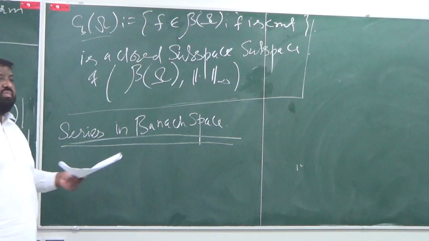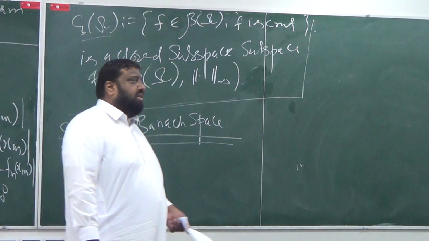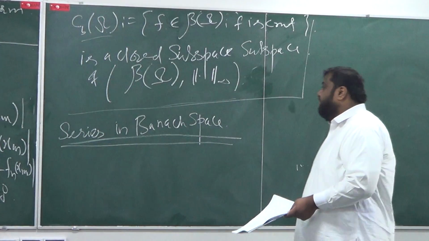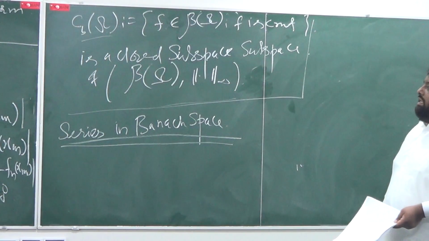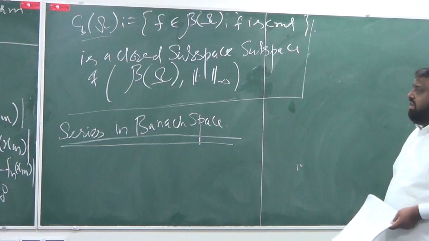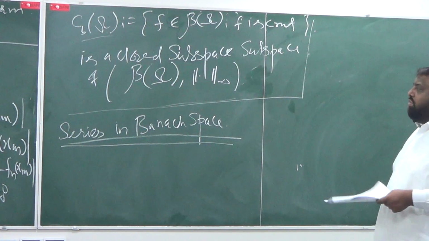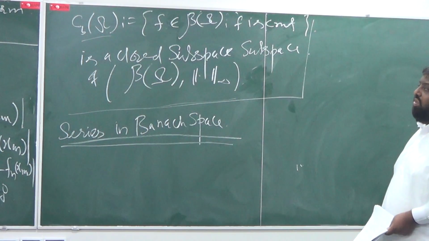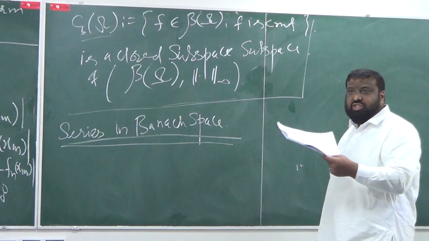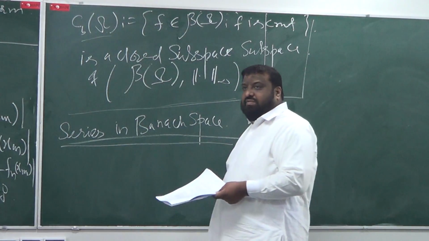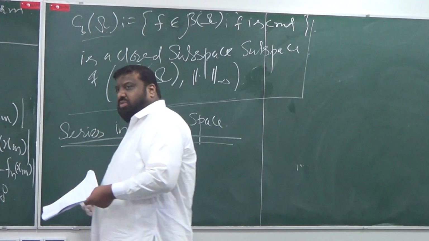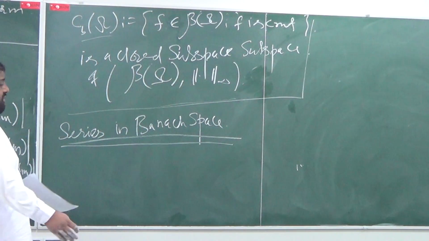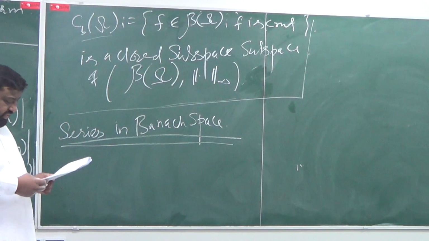What would be the meaning of a convergent series in a Banach space? Then finally I will give a result, which is also a characterization of Banach spaces. You don't always need to take the Cauchy sequence route. You have another characterization in terms of series that tells you whether you have a Banach space as well.